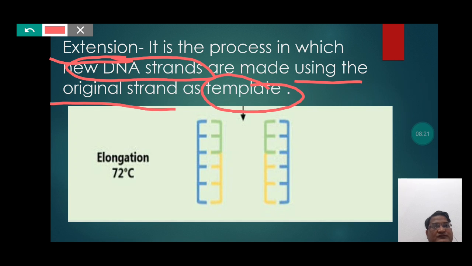The whole process of extension requires the temperature of 72 degrees centigrade.